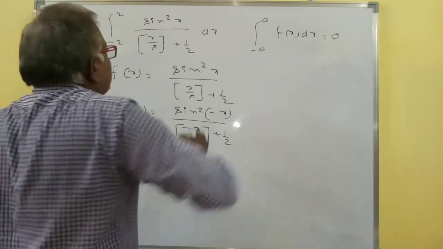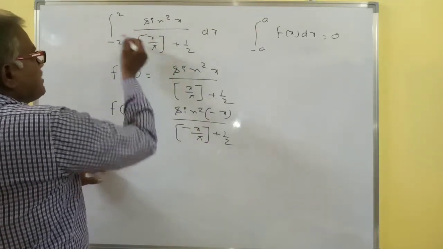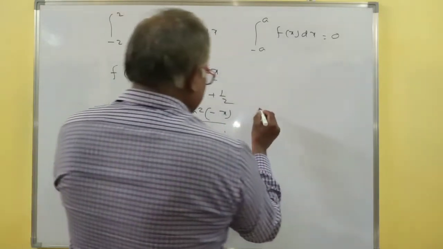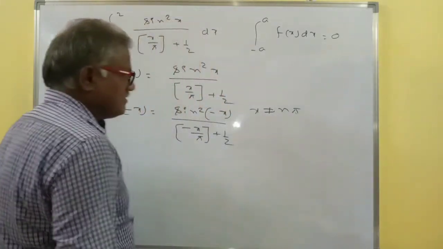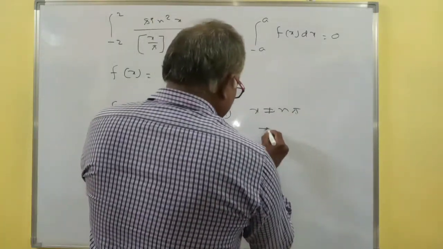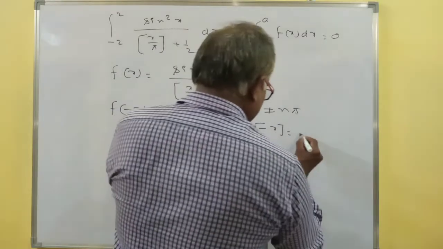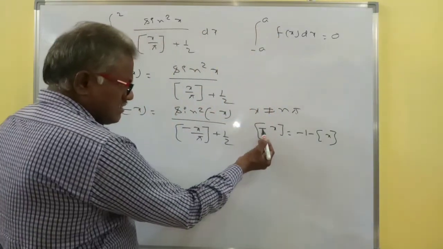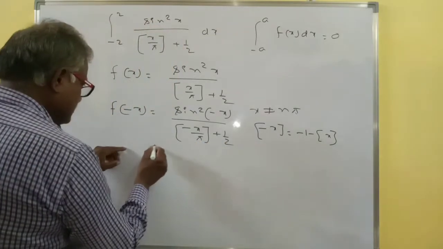Here you see clearly this is not equal to 0, because the intervals are not the same. For that, x must not equal n pi. Here step of minus x is nothing but minus 1 minus step of x.